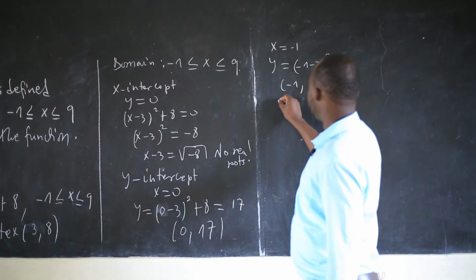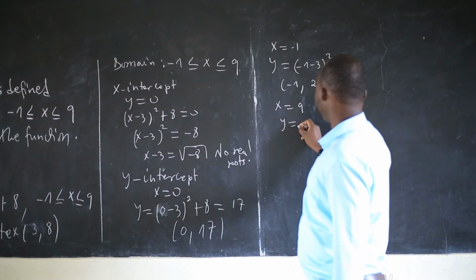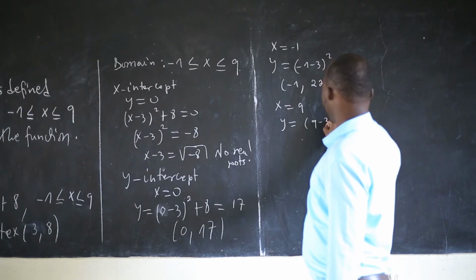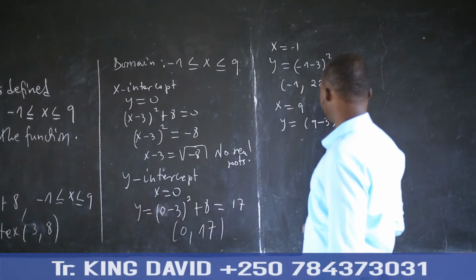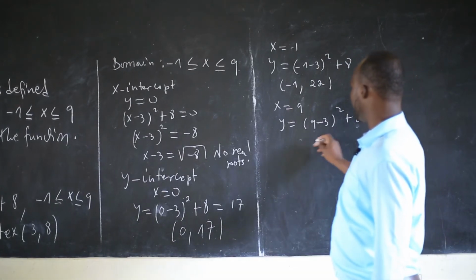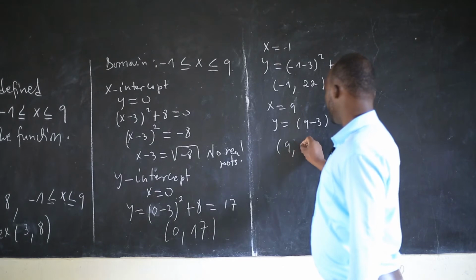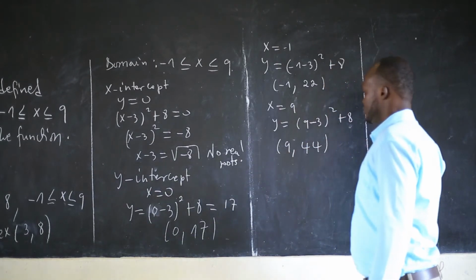For x equal to 9, we have y equal to (9 minus 3) squared plus 8. 9 minus 3 is 6, 6 squared is 36, plus 8 is 44. So it means 9 up to 44. So from there, let's sketch.